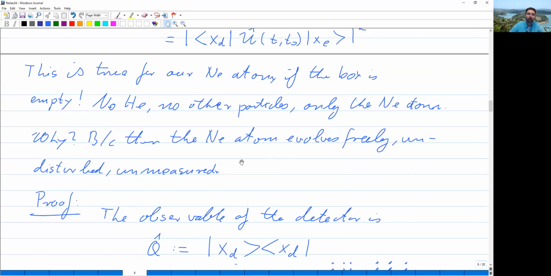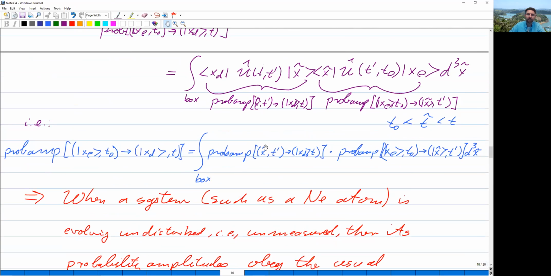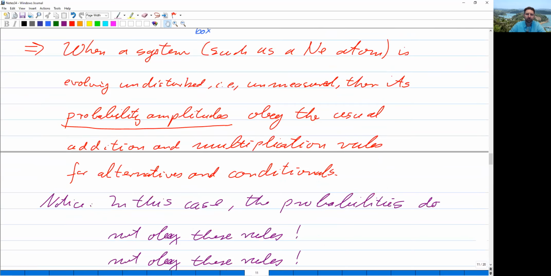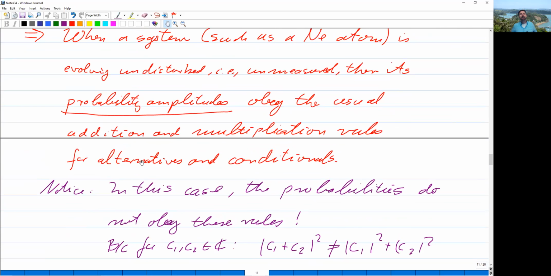Right? Here we have these probability amplitudes, and you can't just put a modulus square on this, modulus square on that, and then expect that this would be the modulus square over there. It's of course not, because here you have a sum or an integral, and then you run into this problem. Okay, so the deep insight here is that the difference between classical mechanics and quantum mechanics can be viewed as a difference in probability theory.